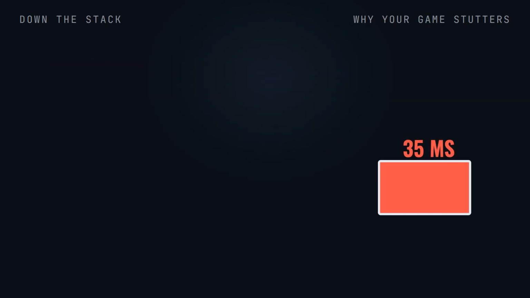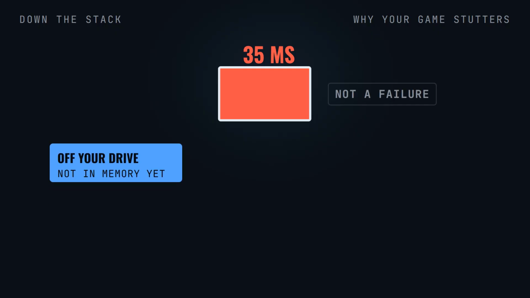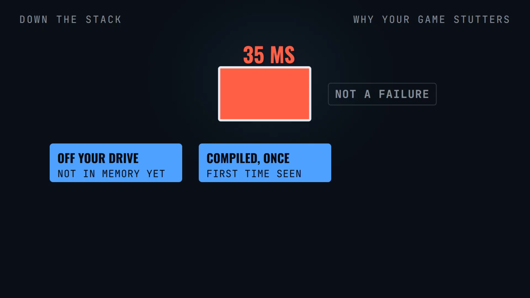Nothing about that slow frame is a failure. It is almost always work that only had to happen once and happened to come due on that frame. A texture that is not in memory yet has to come off your drive, and a drive charges for the errand, not for the byte. The first time a new effect appears on screen, the little program that draws it has to be compiled for your particular graphics chip before it can run even once.